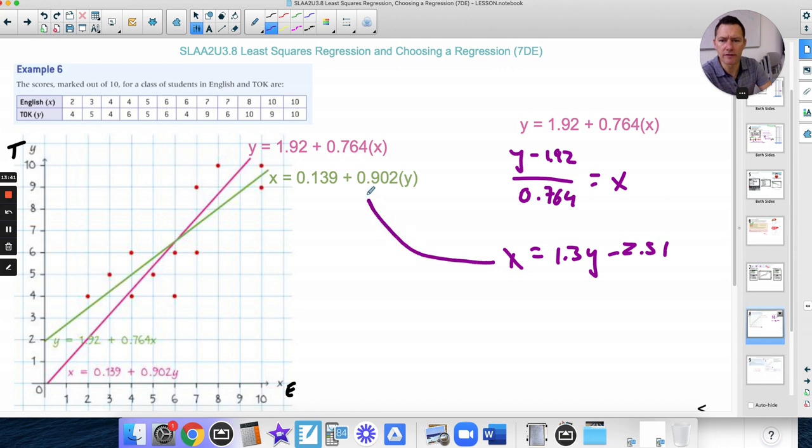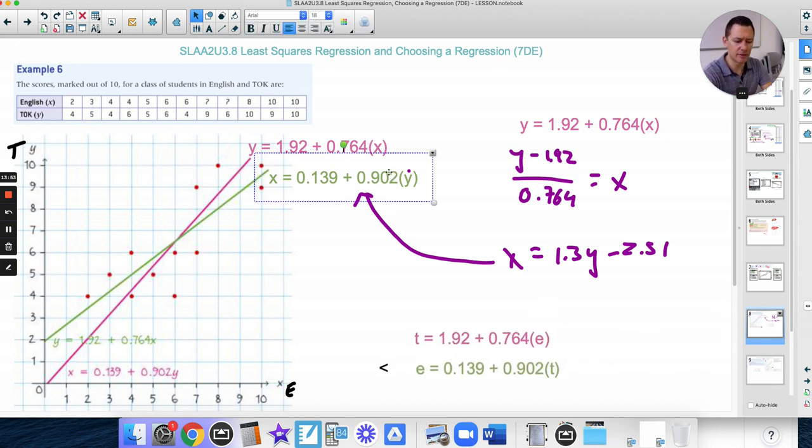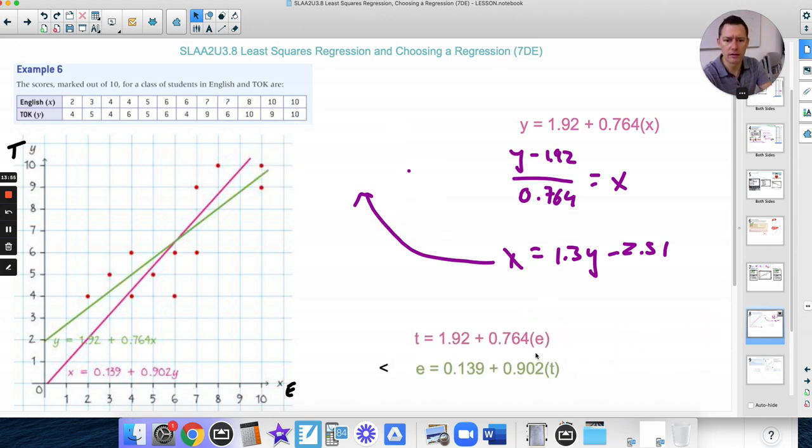And this equation and this equation are not the same. This one's going to be a better predictor of Y values if you know the X value. And instead of calling them Y's and X's, maybe let's call them T's and E's.